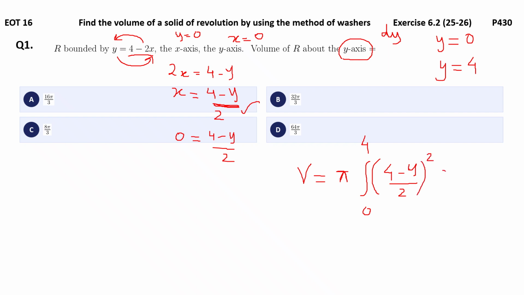Instead of y, you will enter x in your calculator. And you will get the answer as exactly 16 pi over 3. That's option A.